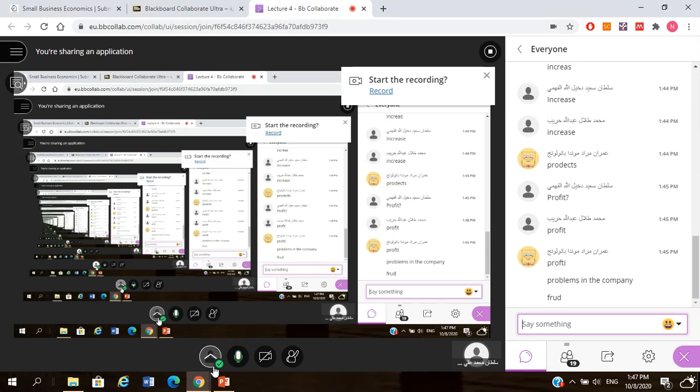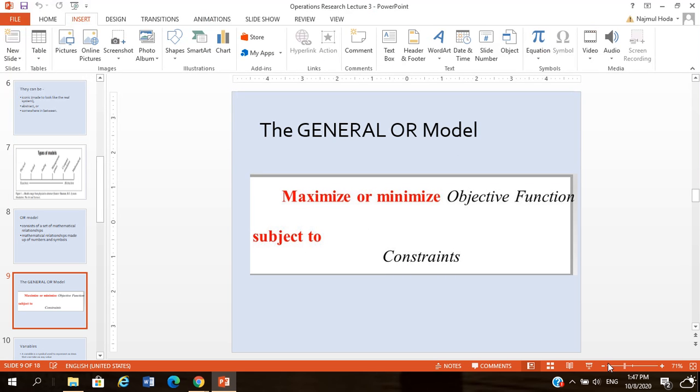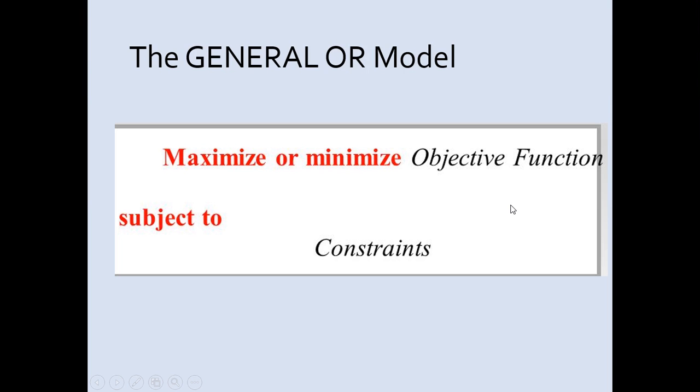Let us come back to the slide. So, you understand that for every operation in a company, the objective is either to increase or to reduce. Improving is generally called maximization, everywhere across the book and in this discipline, and reducing is minimization.